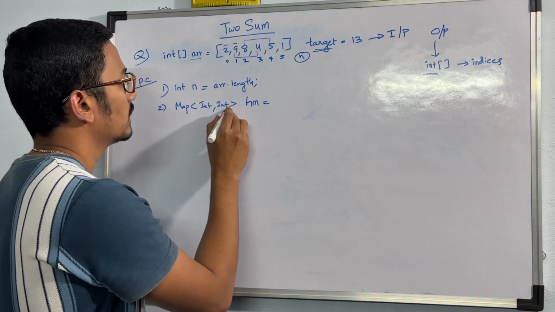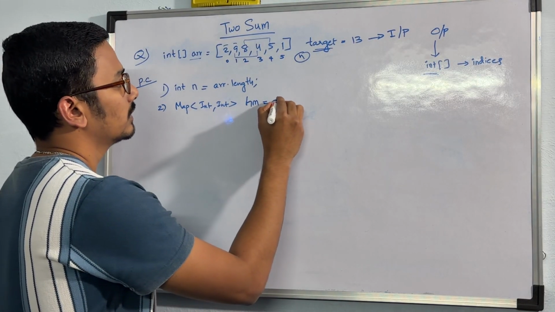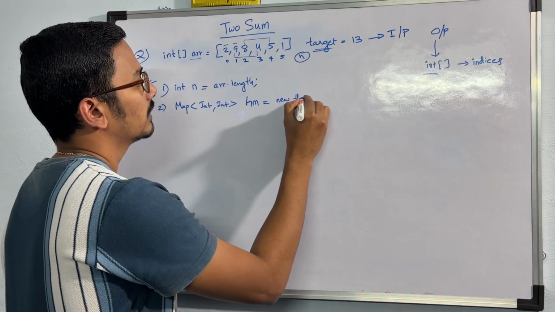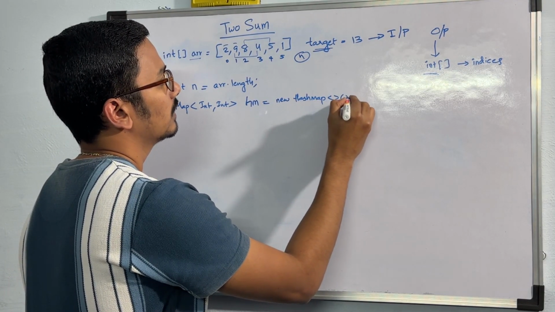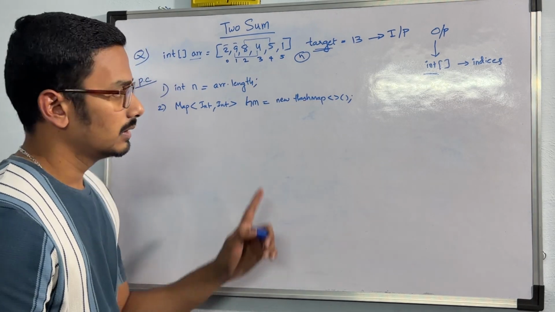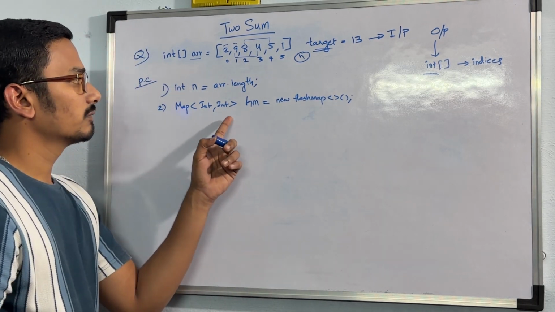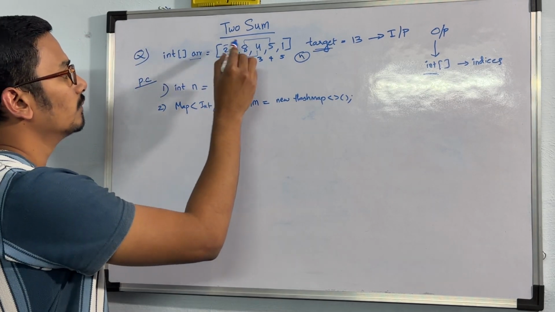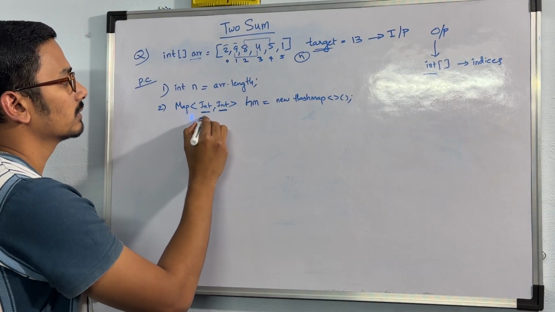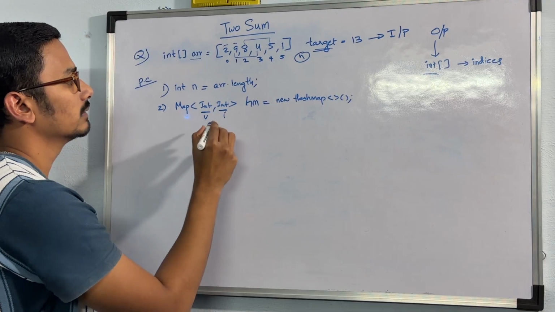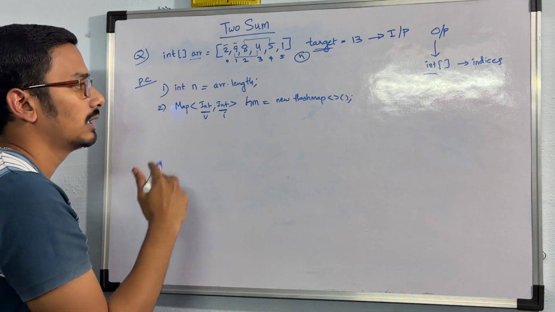Map of integer comma integer, hm equals new hash map, and define it. This hash map will be useful for storing value in the first integer and index in the second integer. I'll denote v and i: v means value, i means index.